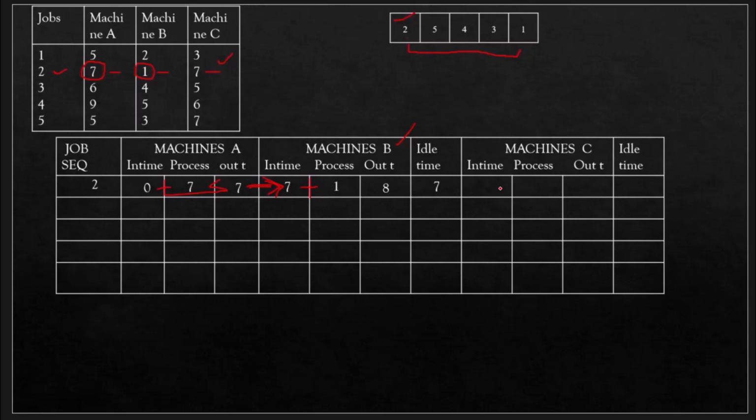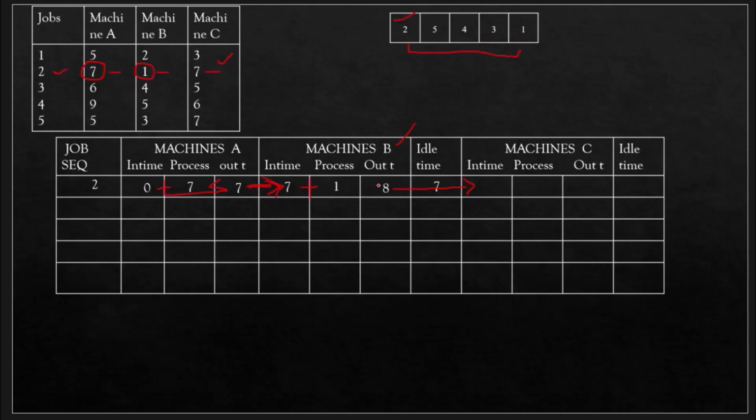Next we give the input for machine C. Once the product comes out of machine B, it goes into machine C. The product was out at the 8th hour, and the same hour itself we give the input for machine C. Why? Because we won't waste any time.